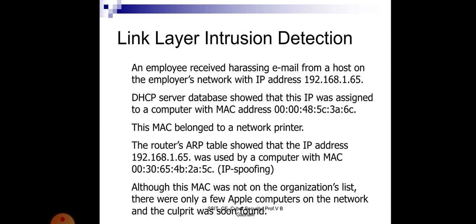Although this MAC was not on the organization's list, it is IP spoofing. There were only a few Apple computers on the network and the culprit was soon found. How to identify an unauthorized IP address from the routing table?